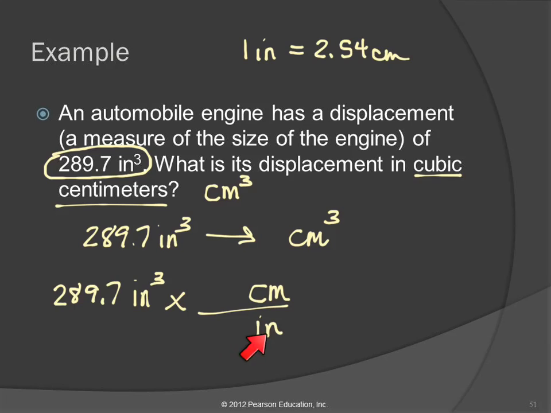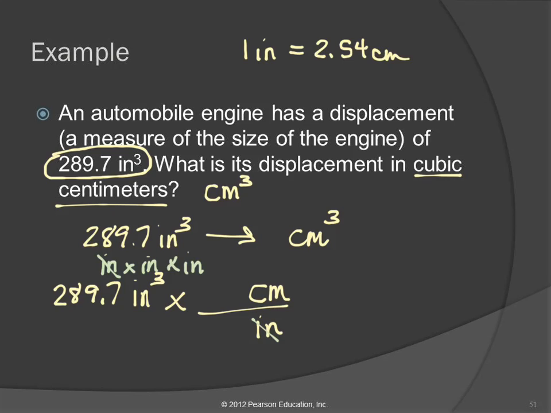This inch down here is going to cancel one of those. The unit here is inch times inch times inch. That's what cubic inches is, right? So one of these is canceling with that.